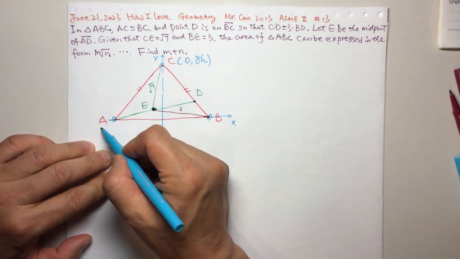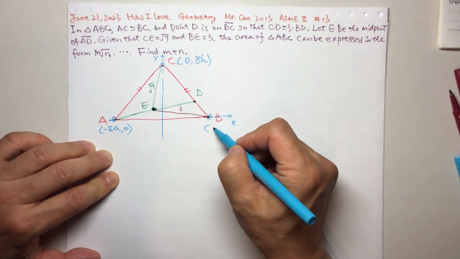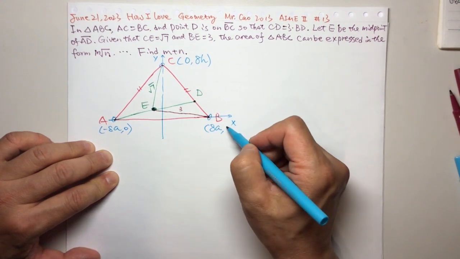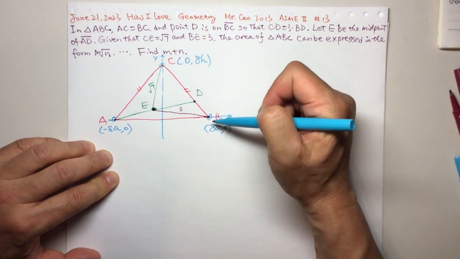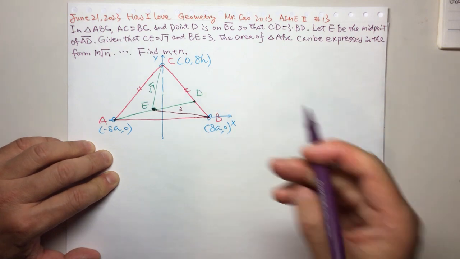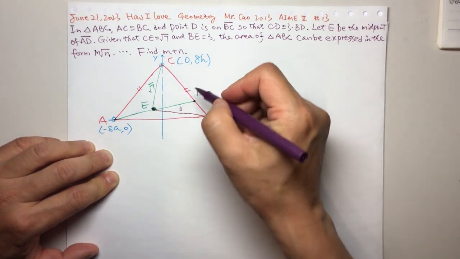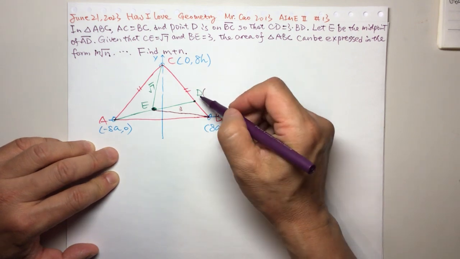So A is negative 8a, y is 0. So B is 8a and 0. If we can solve for h and a, then we will solve the problem, right? Just find the equations.